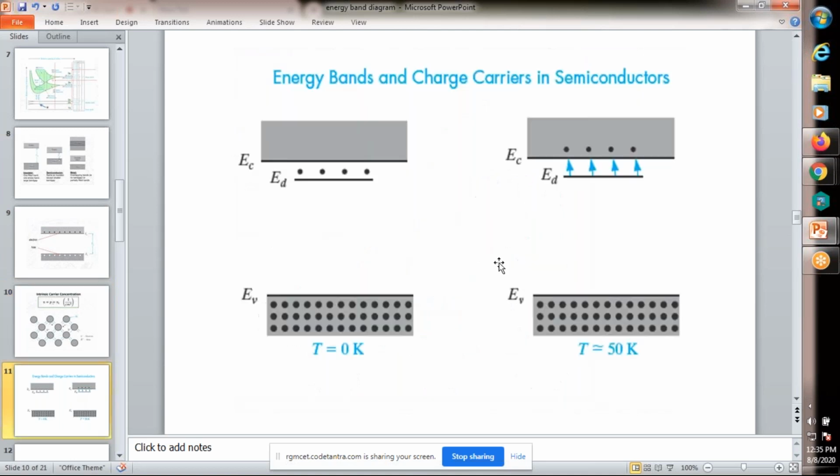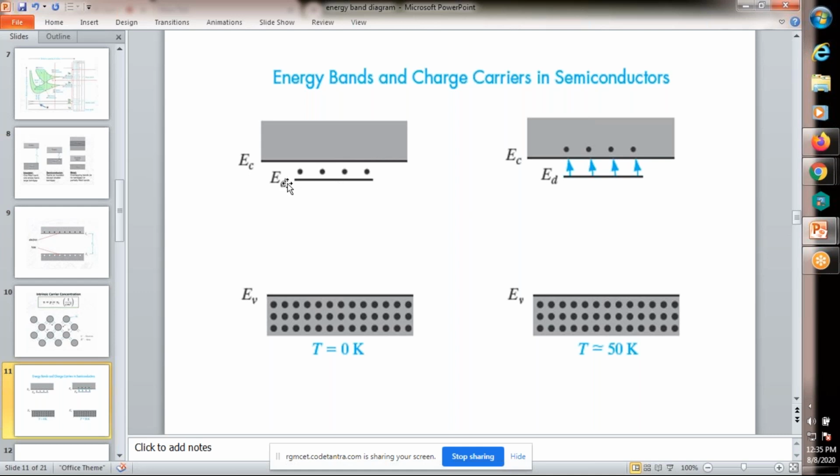Now, how to change the conductivity in a semiconductor? We already know that we can increase the charge carriers by using doping. We can increase the number of holes as well as the number of electrons. Observe here, it is an N-type semiconductor.